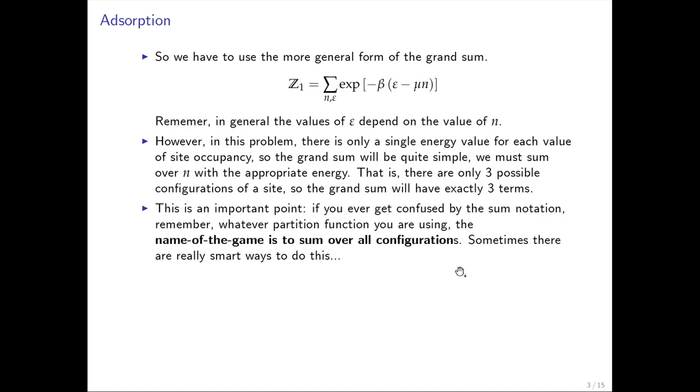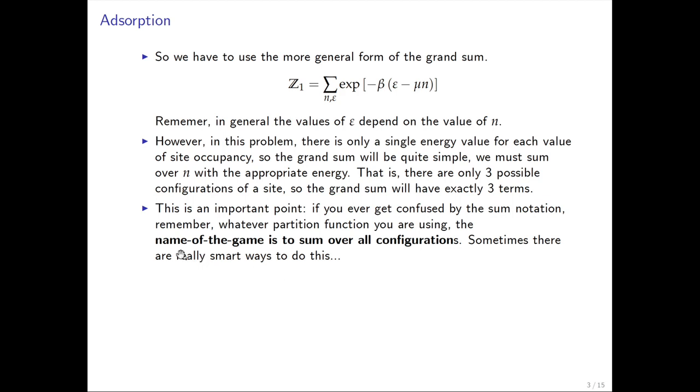Now this is an important point, by the way, about the number of terms. If you ever get confused by this summation notation, remember, whatever partition function you're using, the name of the game is to sum over all configurations. That's really what these sums are all about. So you have to understand what the notation means. And sometimes there are very smart ways to do this, by the way.